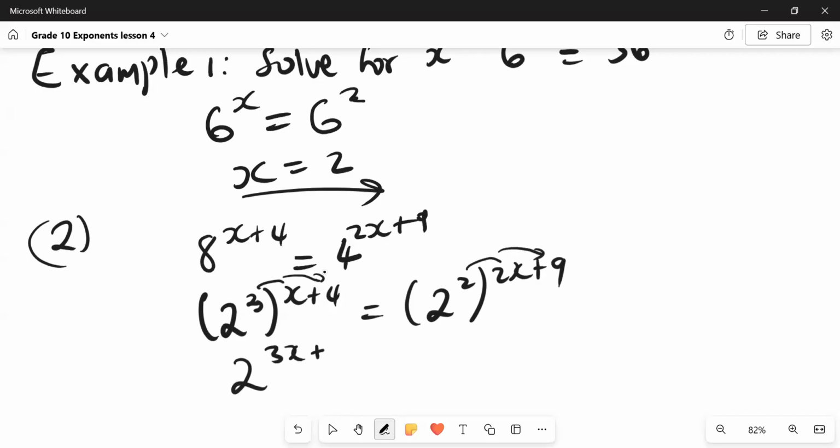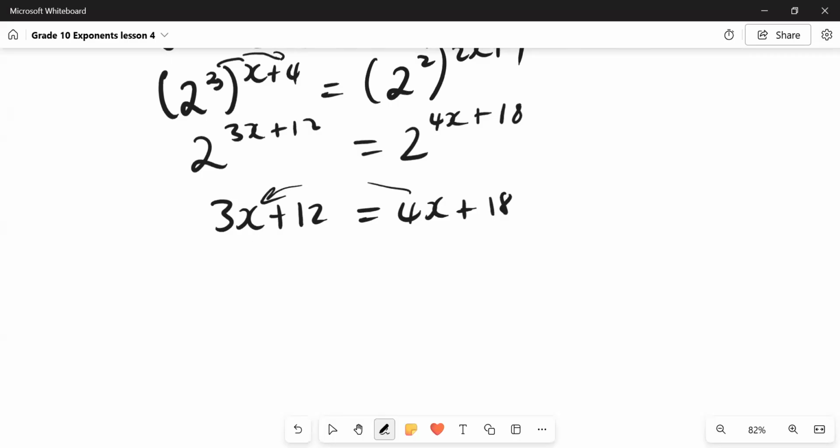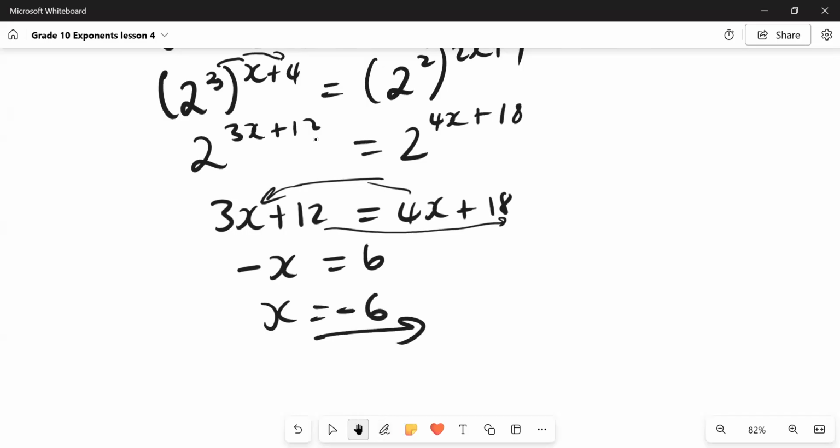So this is 3x plus 12. This is 4x plus 18. And then from here, bases are the same. Drop down the exponents. You will have your 3x plus 12 equals to your 4x plus 18. And then transpose to the left-hand side, this is minus x. This one to the right-hand side, this is 18 minus 12, which is 6. Divide both sides. So your x is minus 6. We're done.